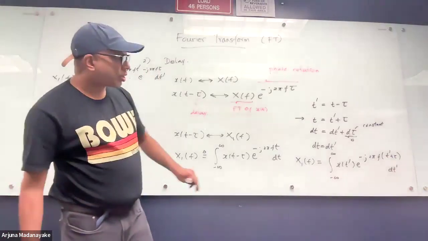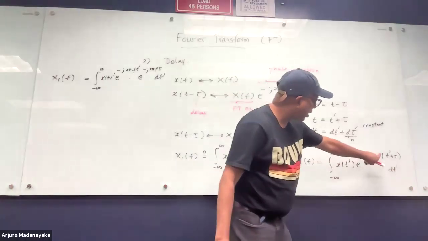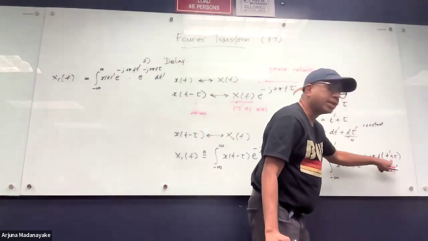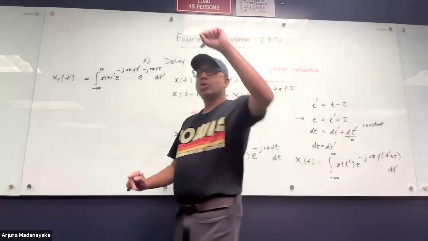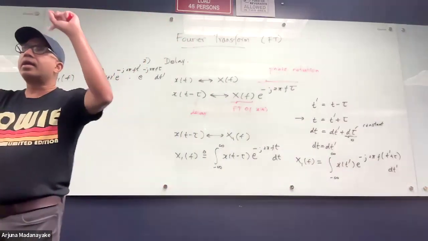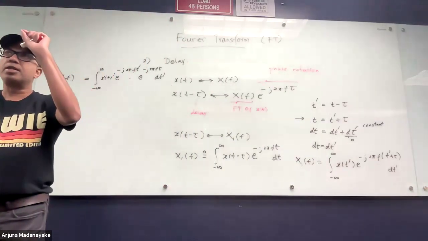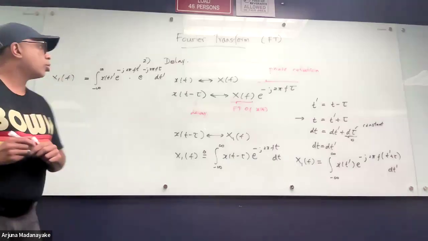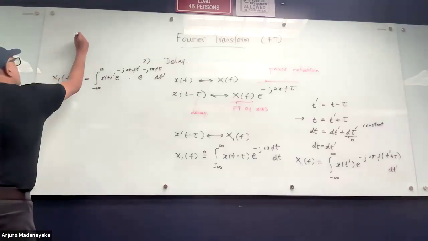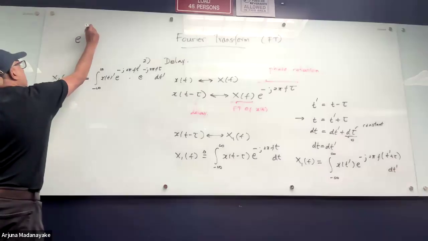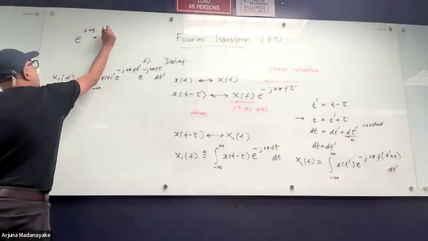The only thing I did was take the complex exponential component, which has a plus sign here. In the exponent, if I have a plus sign, I can write it as the multiplication of two exponentials, right? So I'm using the fact that e to the x plus y is equal to e to the x times e to the y.